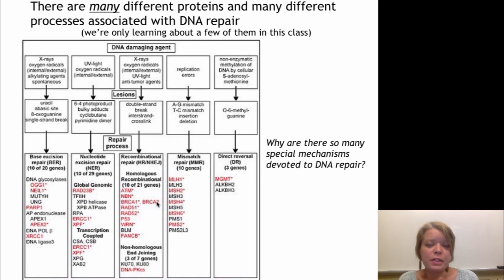These two proteins play a role in recombinational repair in eukaryotic cells and are the key indicative genes for breast cancer. If you have a mutation in these genes, your homologous recombinational repair is not working correctly, and you have a much higher chance of developing breast cancer.